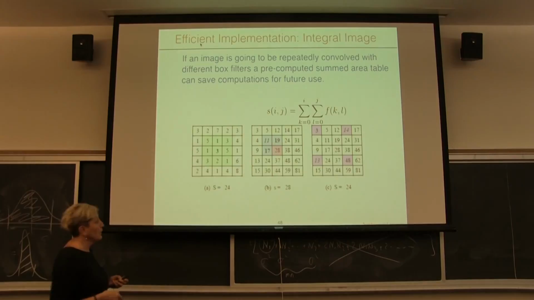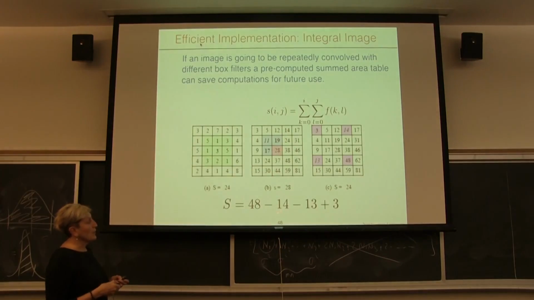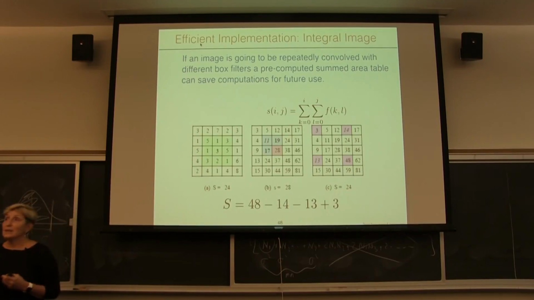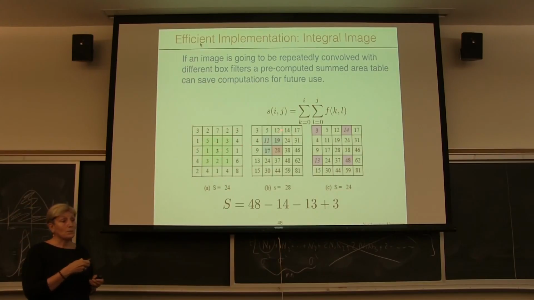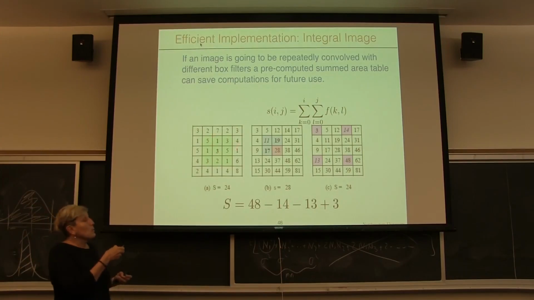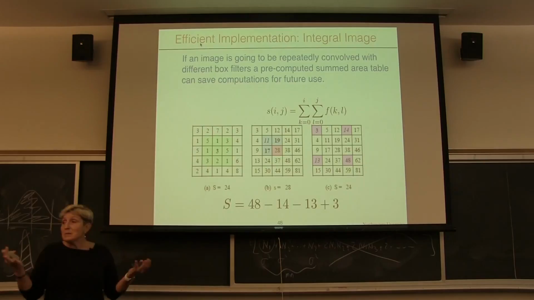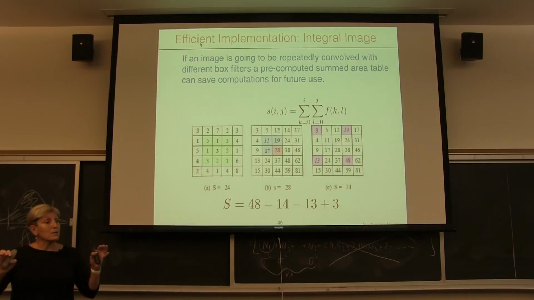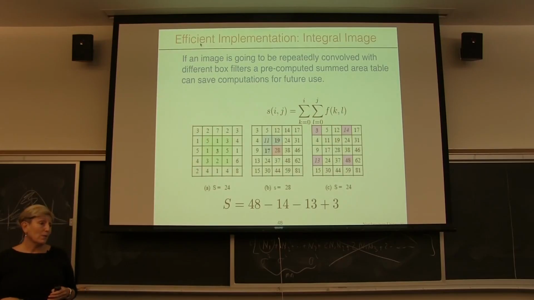And then I have what I need, okay? So 48 minus 14 minus 13 plus 3, that will give me the sum of the green numbers, okay? And the thing is that I did it here with 3 by 3, but if it was 7 by 7, I still do the same thing. I need to look at the corner and do this game, and then just divide by the number of things.